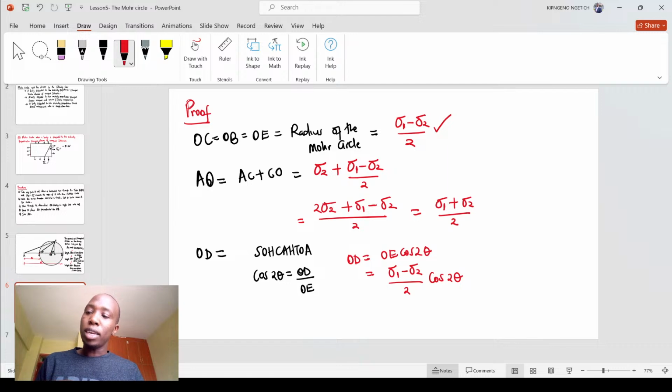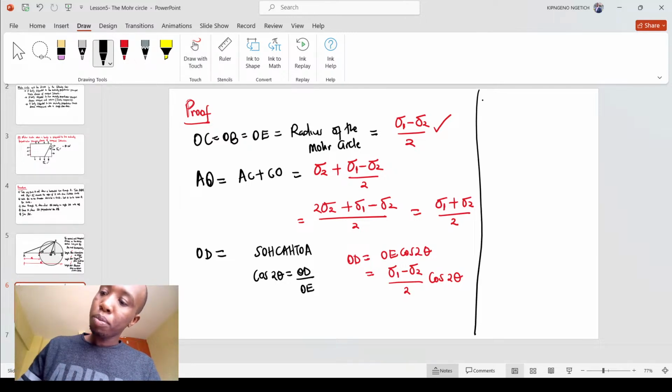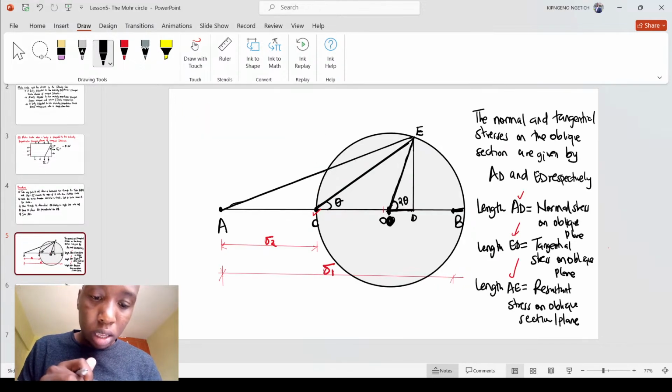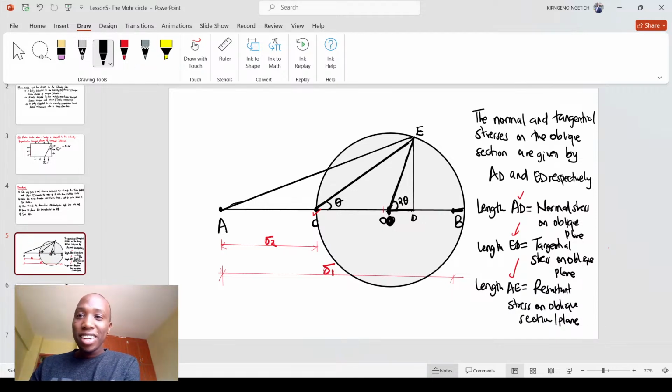What about AD? Let's just have them all here. Realize that now AD is the normal stress on the oblique section. So if we obtain the normal stress on the oblique section and compare it with what we had from the analytic method, we can know if this method of the Mohr circle is truly legit, isn't it?